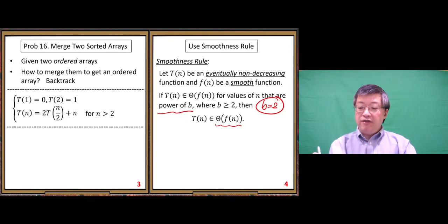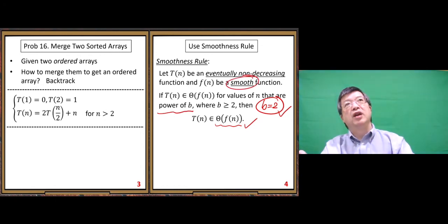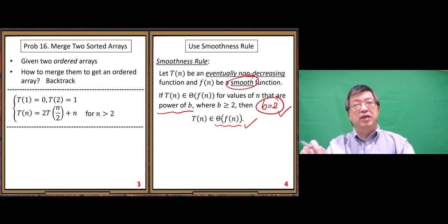So if the special case is true, we can get the general case. The general case is also true if it is a smooth function. What is a smooth function?